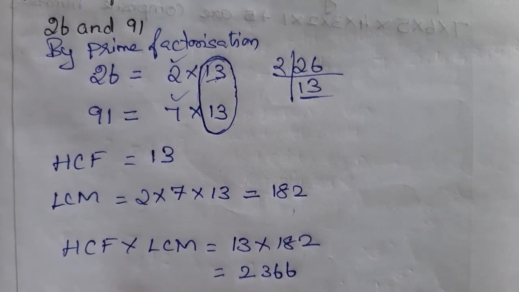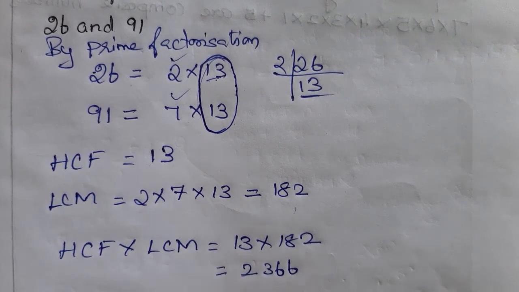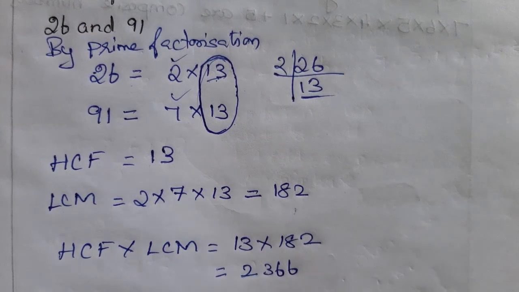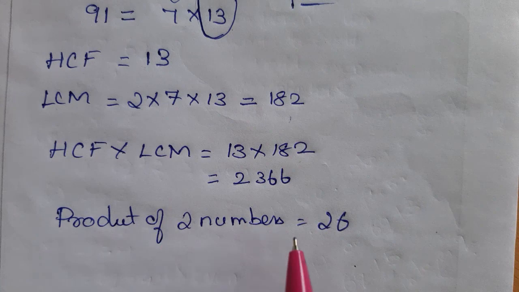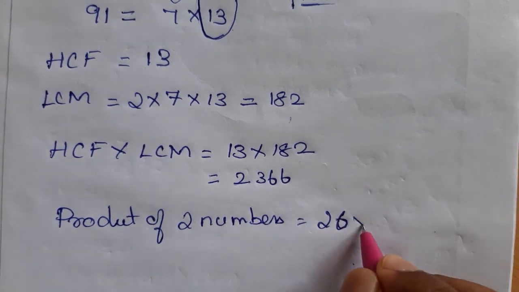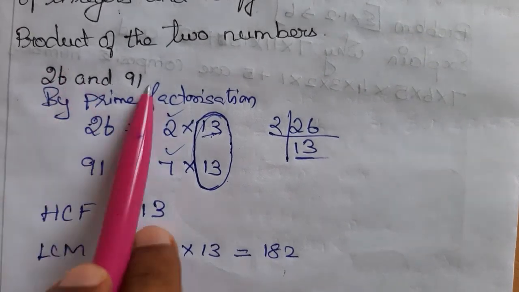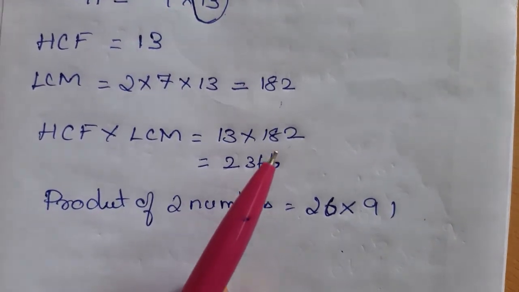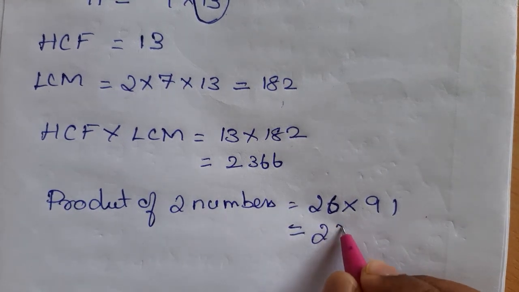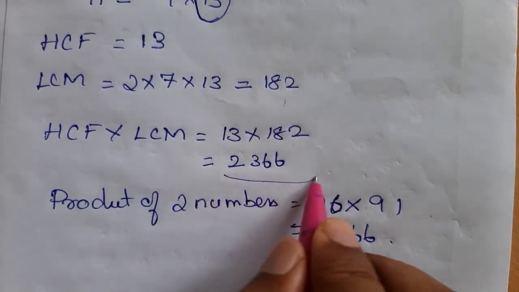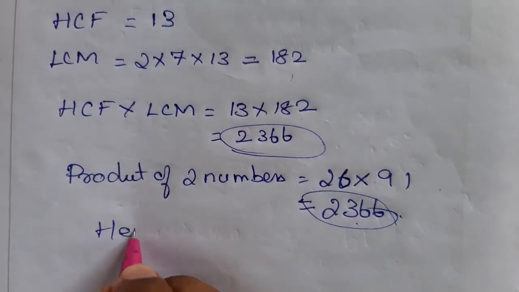Then the product of the two numbers. What are the given numbers? 26 and 91. What is 26 into 91? We can find that 26 into 91 is also 2366. Is it equal? Yes. So hence verified.